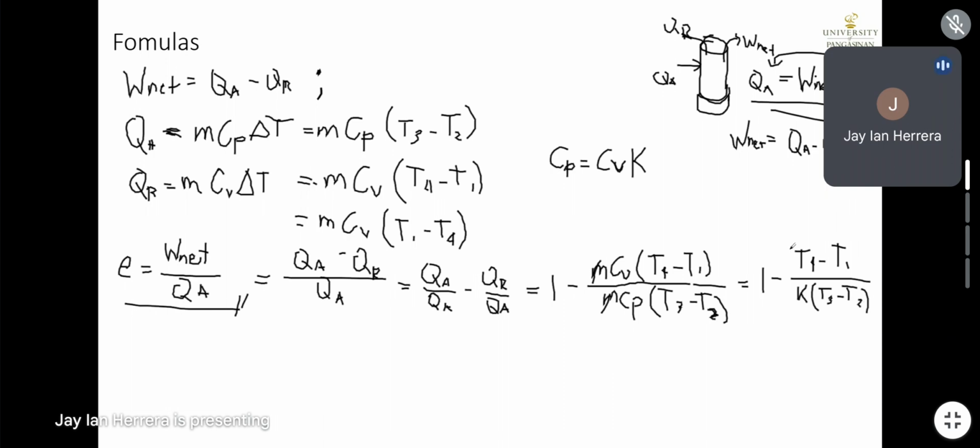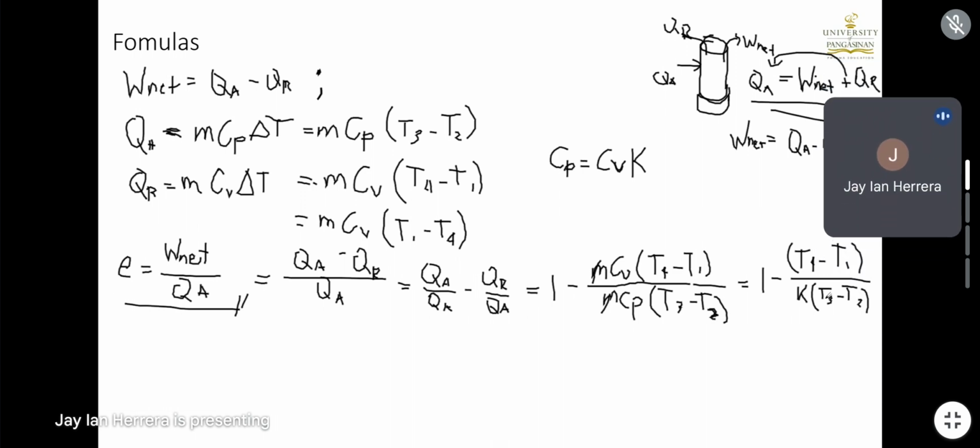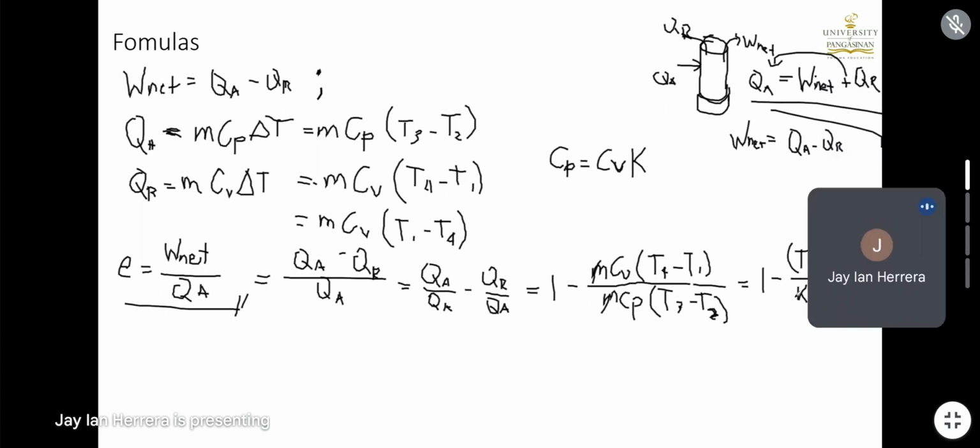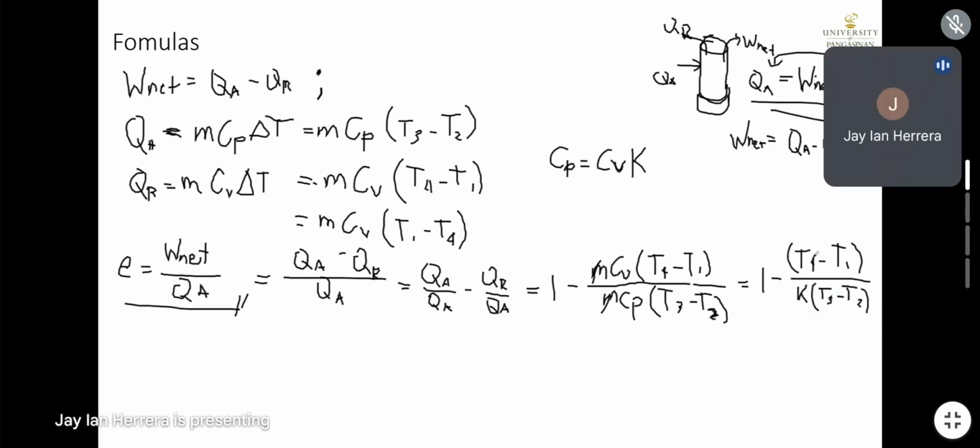And i-enclose na lang din natin to para mas uniform. Yan. So bukod sa work net all over QA, if given tayo ng specific heat ratio and na-solve natin itong 4 properties ng temperature, pwede nating ma-solve ang efficiency of the cycle. Ganun lang.